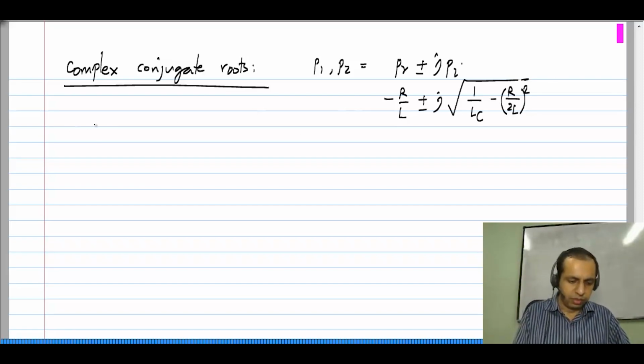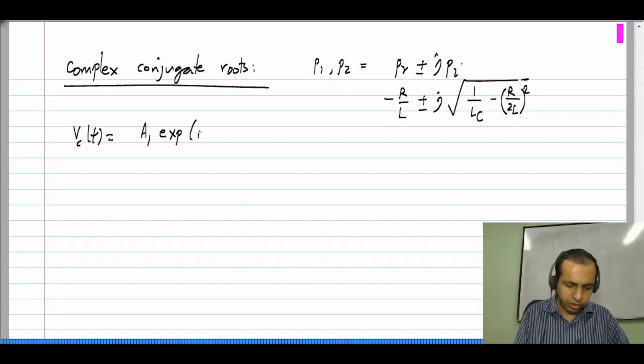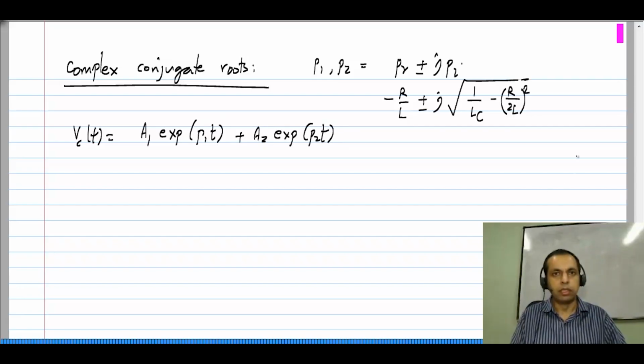So again the response will be of the form A1 exponential P1 t plus A2 exponential P2 t. Now in this case P2 is of course P1 conjugate, so A2 will also be A1 conjugate, so that the whole expression is real.